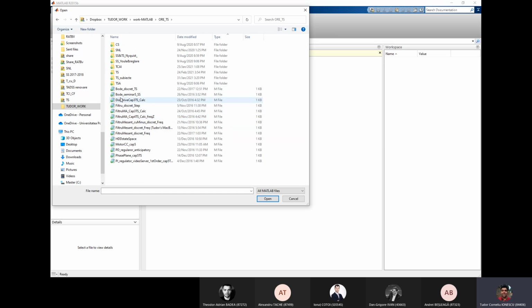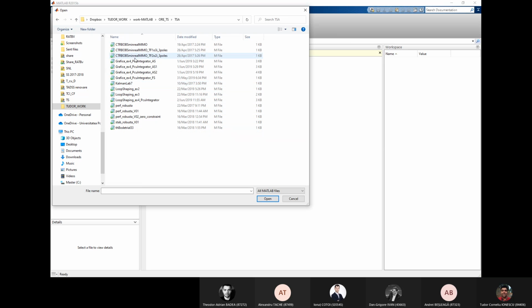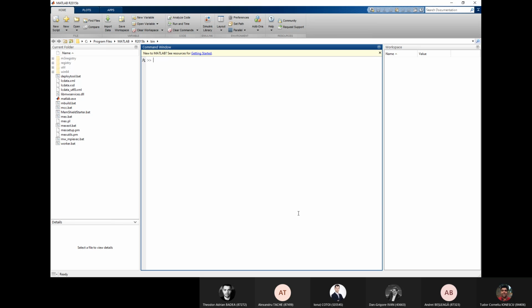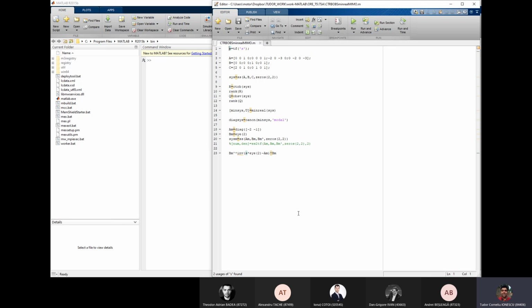I have it here. Trying to find some example with minimal realizations, which I have used before, so I can show it to you.